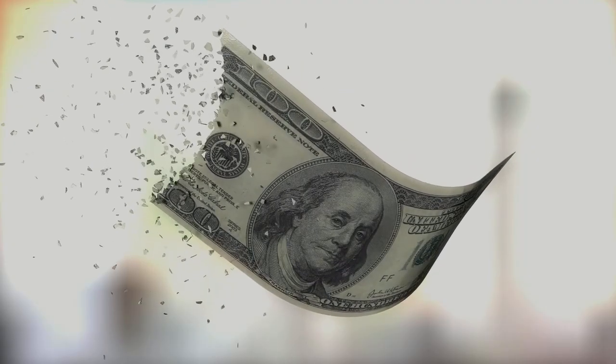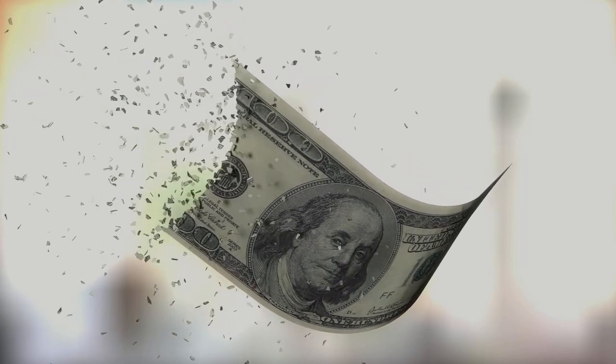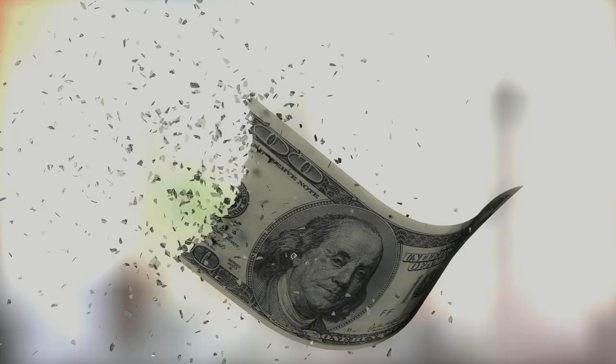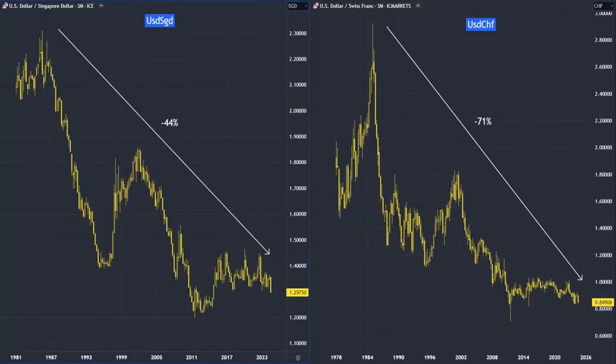Debt created by printing money will only dilute the currency or weaken it over time. And this is clearly evident in this example of the dollar Swiss, where the Swiss has strengthened against the US dollar over the past years.